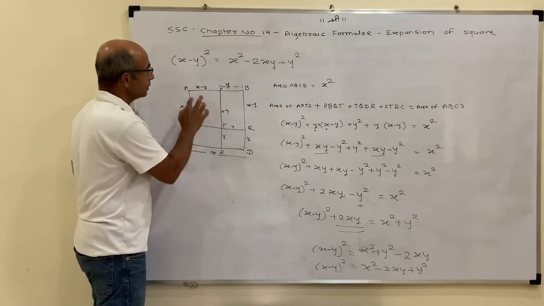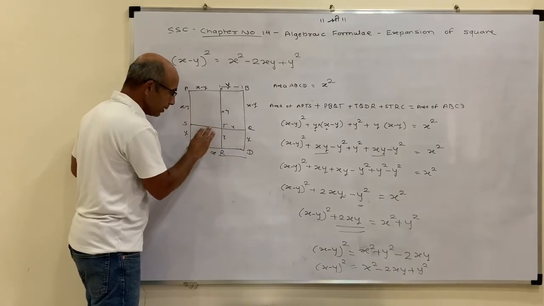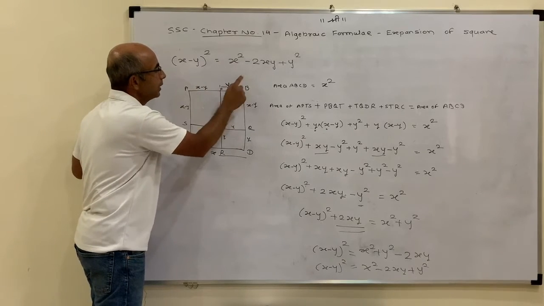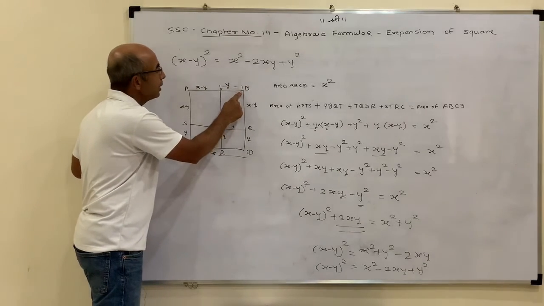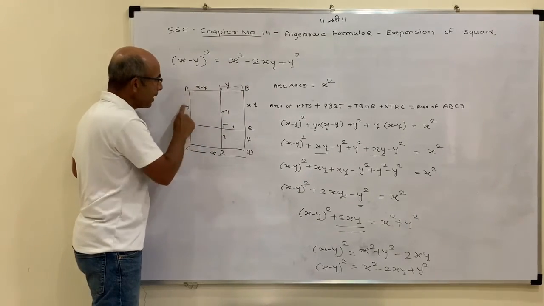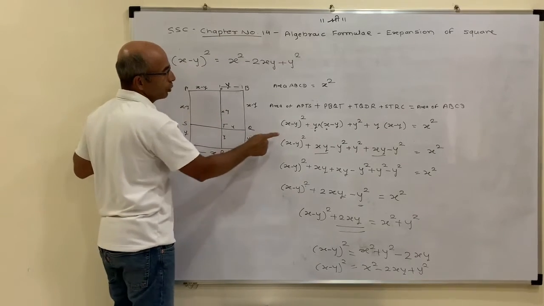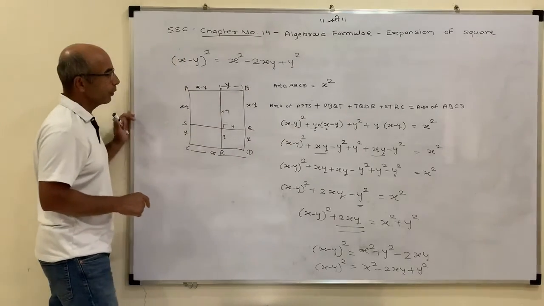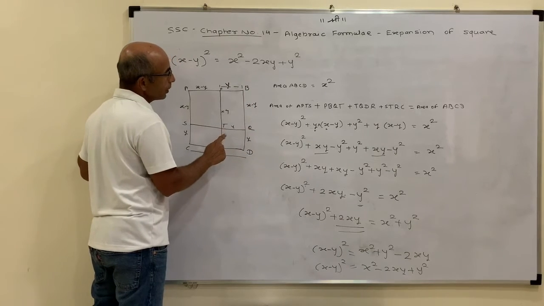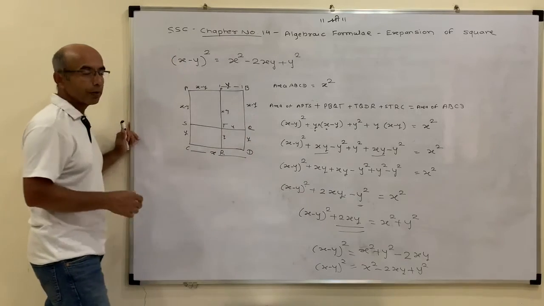But in other terms, area of ABCD is equal to area of this part plus this part plus this part plus this part. Since the total length of AB is X, if PB is equal to Y, then AP is X minus Y. And since APTS is a square, its area is X minus Y bracket square. Here, in rectangle PBQT, one side is Y and another side is X minus Y, you can say length and breadth.